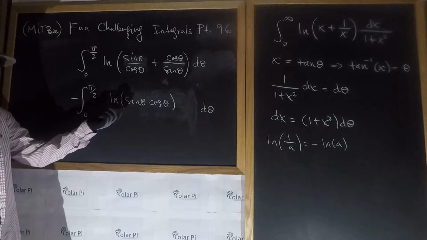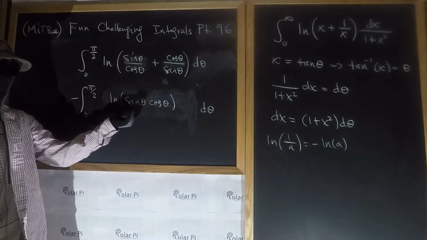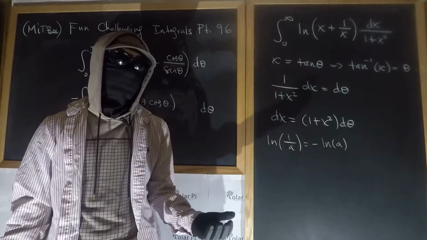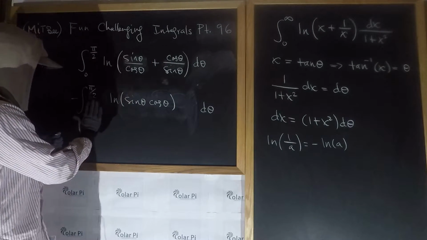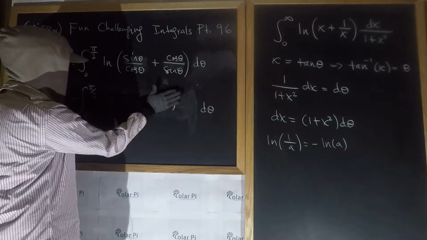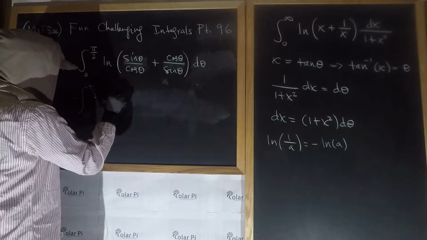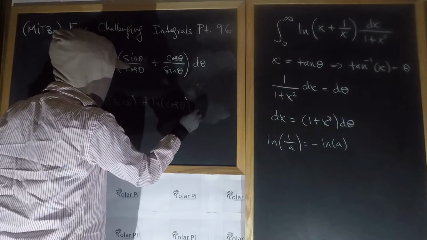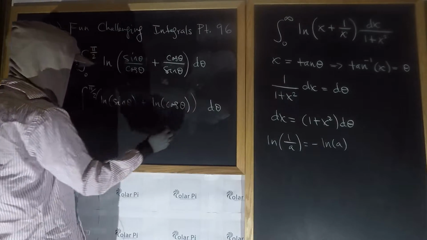Well, we could try and use the sine double angle identity, and replace sine theta cosine theta with sine 2 theta divided by 2, but instead let's use the log product rule and write this integrand as the natural log of sine theta plus the natural log of cosine theta, and then of course all this times d theta inside the integral.